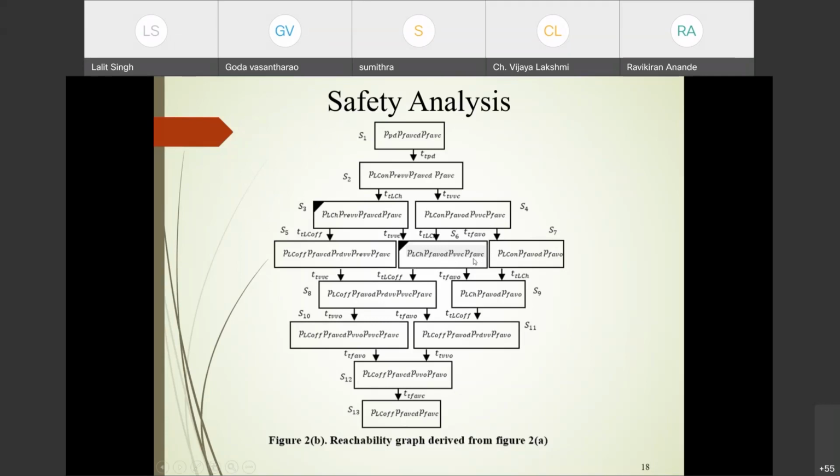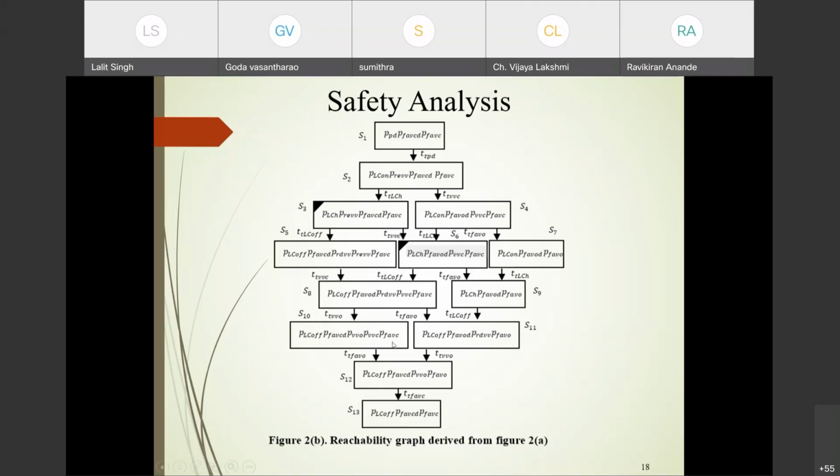It means both pieces of information are controversial, and to which sensor do I rely? So this is also a hazardous state, and hence I'll have to deal with these states.